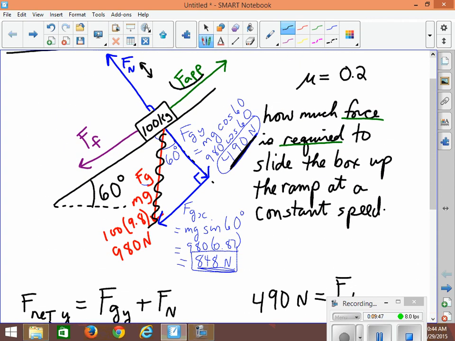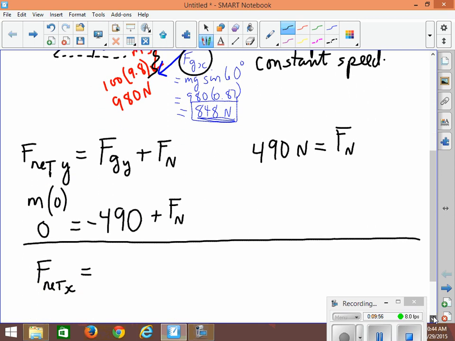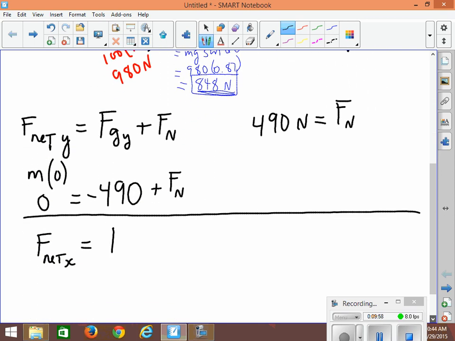There's a force applied, there's a force of friction, and there's an FGX. So we need to put all three of those in our F net equation for X. So force of friction, force applied, and the FGX. And the order of these doesn't matter. If you're adding things, they can go in any order.